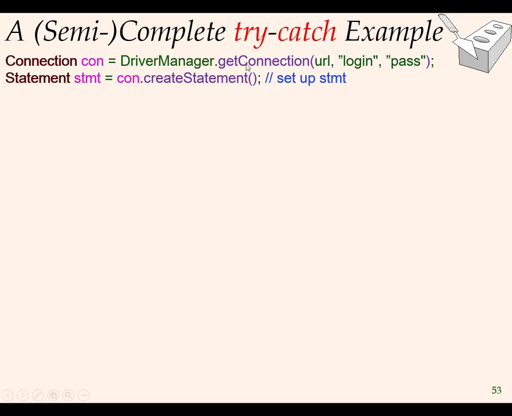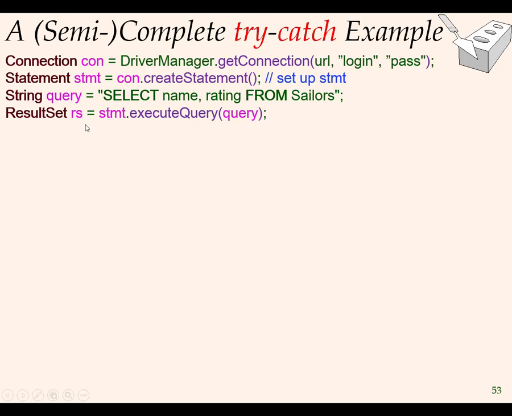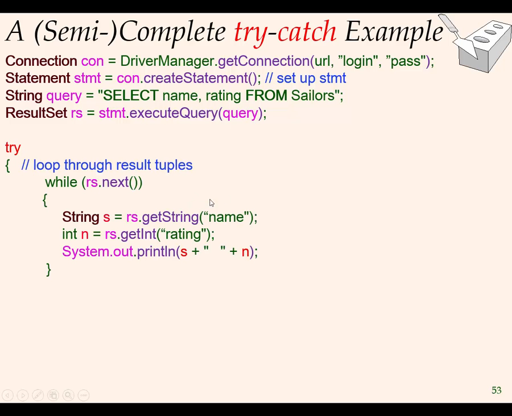So you get the connection, the URL, the DBMS URL, the login and password. Here you create your statement, and here is your query. Again, this is a string, so I can put select name and rating from sailors. This is the result set after you execute this query right here. And then I can embed going through the result set in a try block.